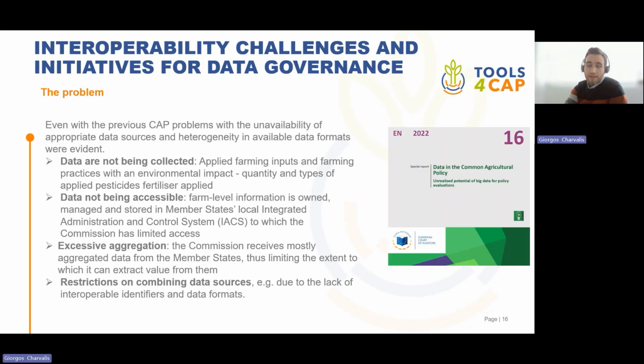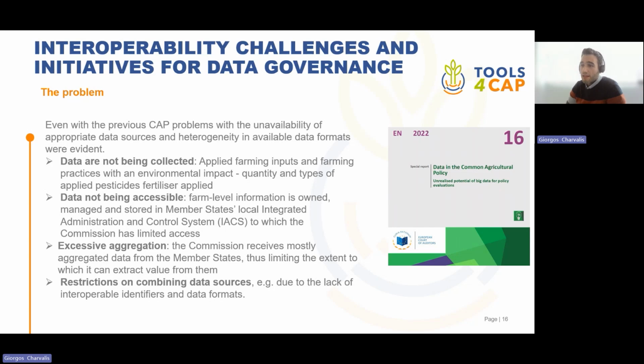In the past, data were being collected inefficiently, of course, depending on the member state and the capacity of the respective organizations, which could be statistical authorities, data providers, and many actors involved.